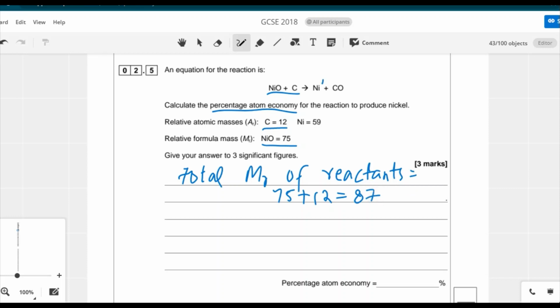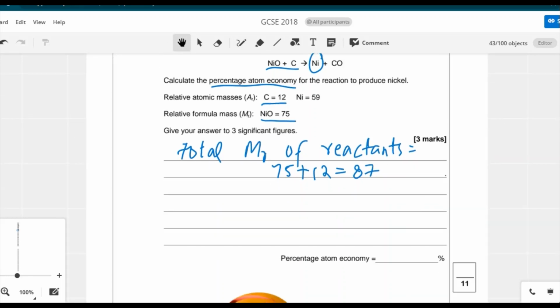Now for the percentage atom economy of nickel, we need to divide the nickel atomic mass by the total mass of the reactants, and for percentage we multiply by 100.